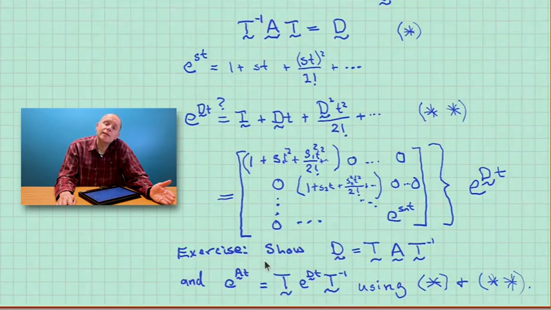You can cancel a T times T inverse because that's the identity matrix, and anything multiplied by the identity matrix is the same matrix you started with. It will make it pretty easy to come up with this formula. It will also show you that it follows the same definition we used if we call the Taylor series our definition for e to the At.